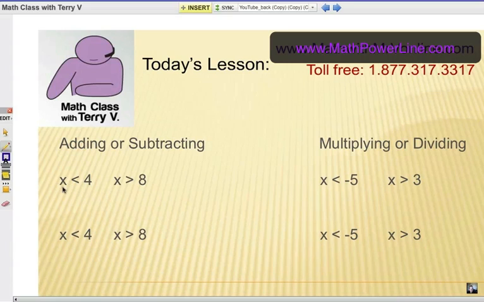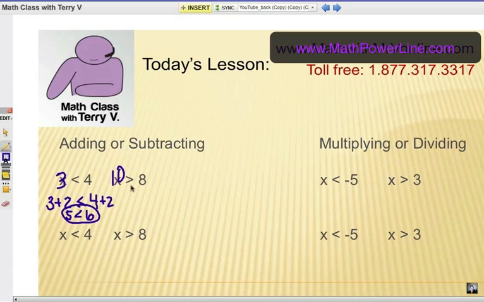Let's say that we look at x is less than 4. So I'm just going to know that x could be a 3 or anything below that. All right, let's say I'm going to add 2 to each side. So 3 plus 2. Is that still less than 4 plus 2? Okay, I've added 2 to each side. Well, that would be 5. Is 5 less than 6? Yes. So that would still be true if I add a number to each side.